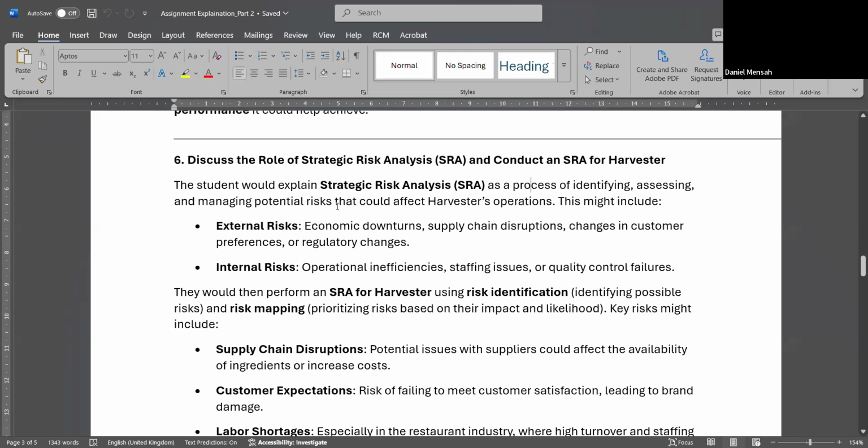It consists of these four parts: identifying, assessing, and managing the risk that could affect organization operations. And this might include external risk and internal risk. Maybe you can embed here the tools that we can use to assess the external and internal risk.